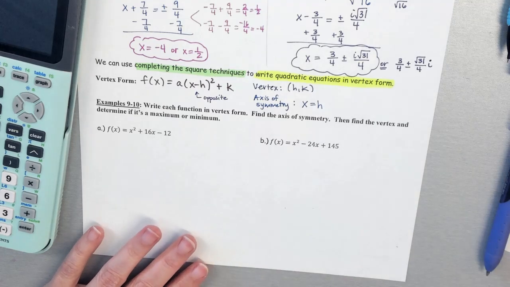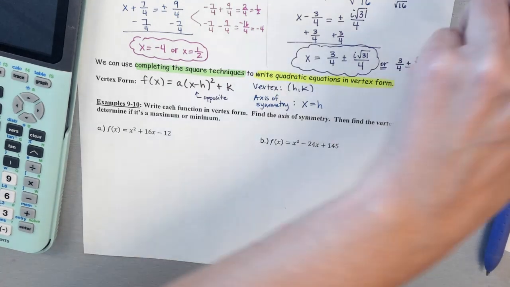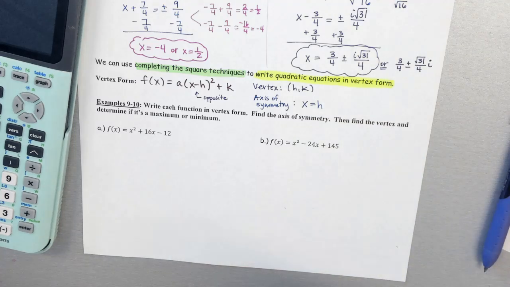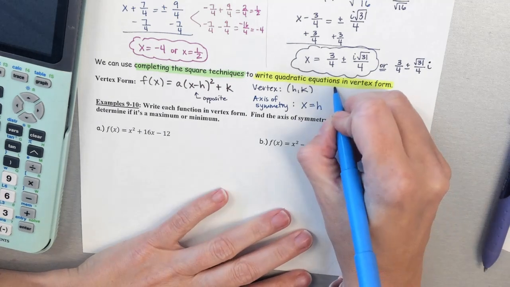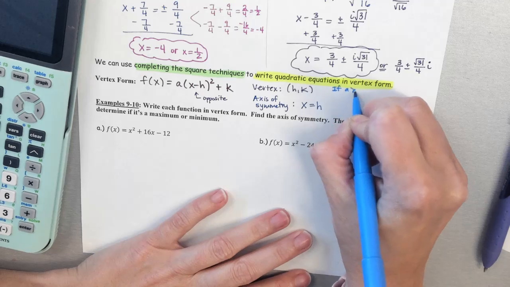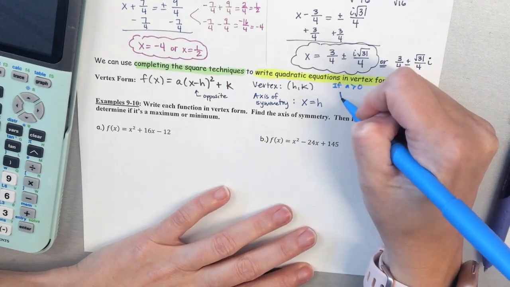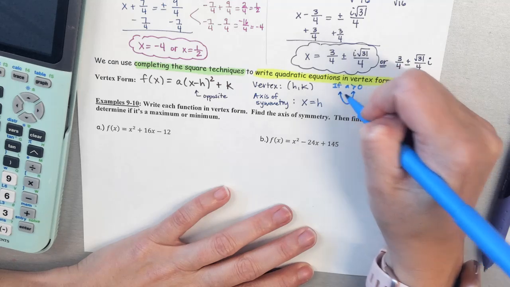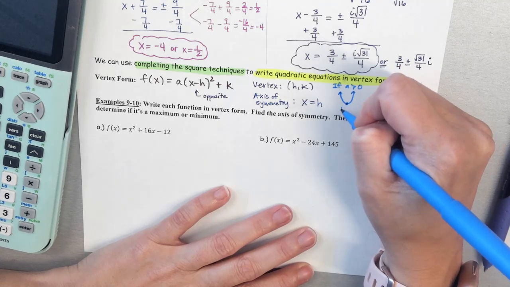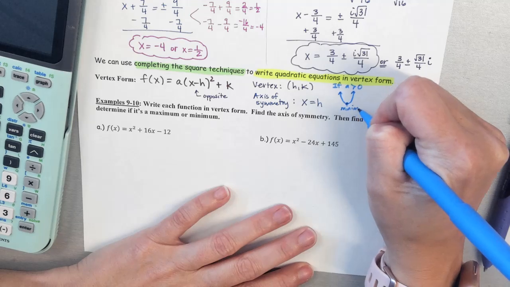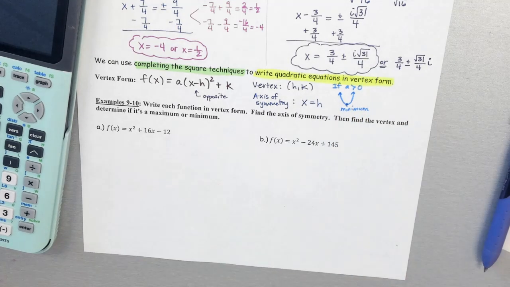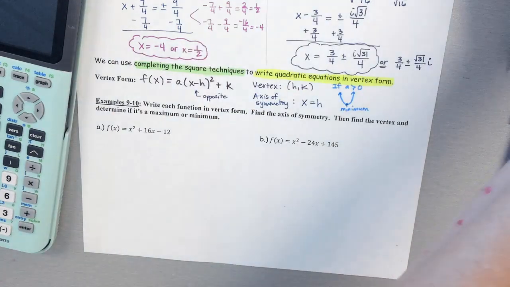And then you are also going to have to know if you have a minimum or a maximum. If your a value is positive, we've talked about how that means your parabola is going to open upward. If it opens upward, it creates a minimum value. That's your vertex.